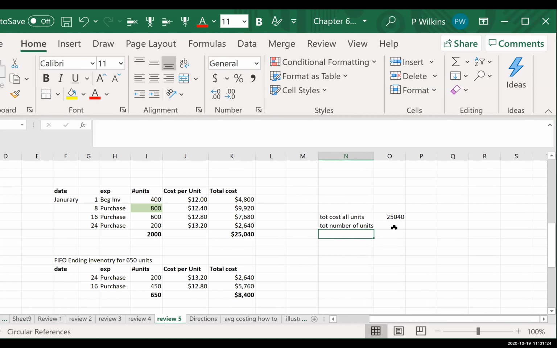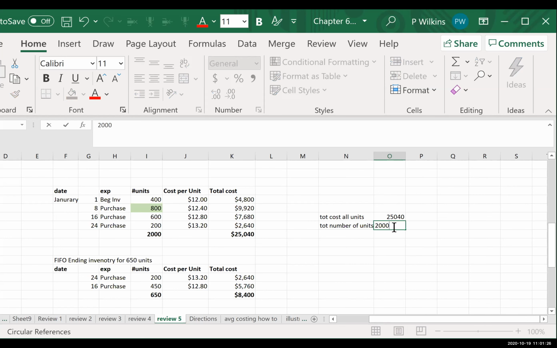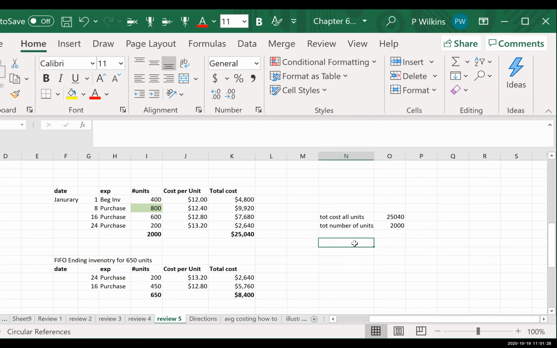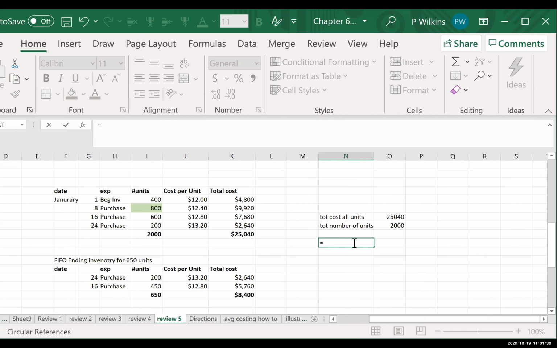We got 2,000 units. So we are going to take 25,040, and we're going to divide that by 2,000.